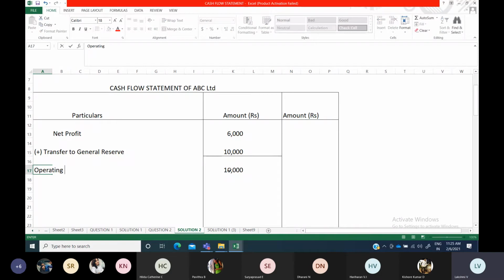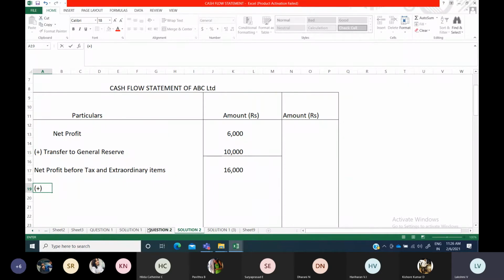This amount is 16,000, which is your net profit before tax and extraordinary items. With this amount, you have to further add your depreciation, your goodwill written off, or loss on sale of fixed assets, anything if you are getting.